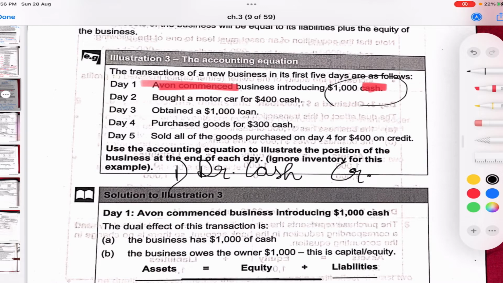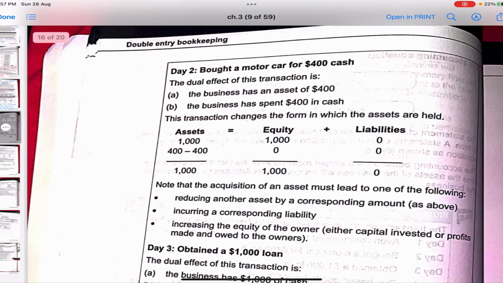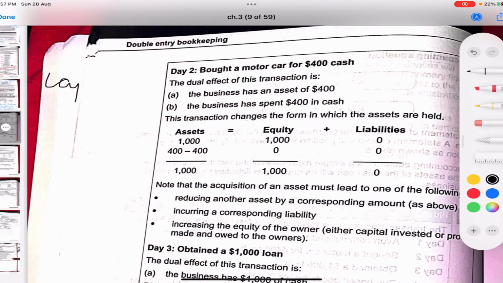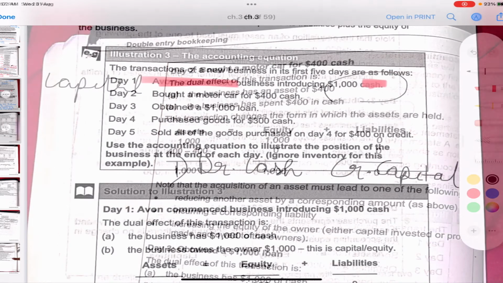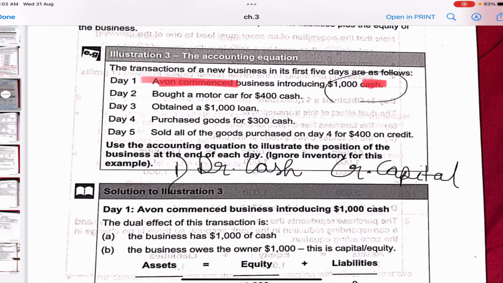The capital which gets introduced in a business is a form of liability. I know you may not be able to understand this, but just keep it in your mind. One thing you have to remember for the entire chapter is that the capital, the equity which we use, is a form of liability. That's why whenever we make a balance sheet, the equity or the capital comes inside the liabilities column.